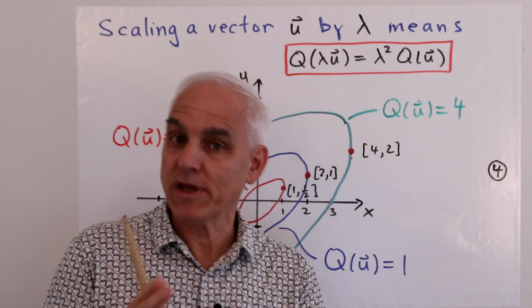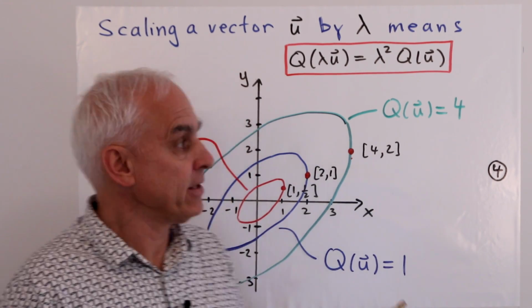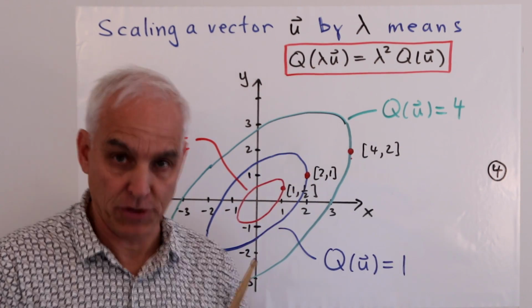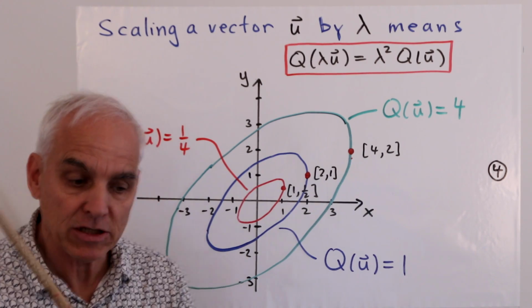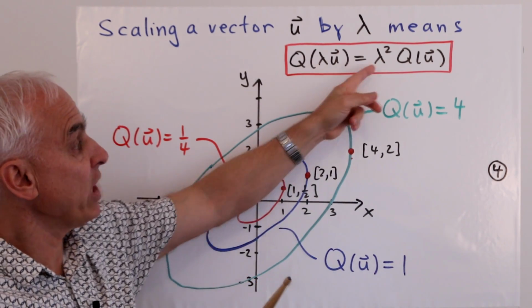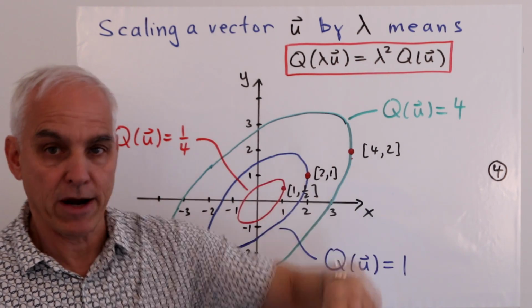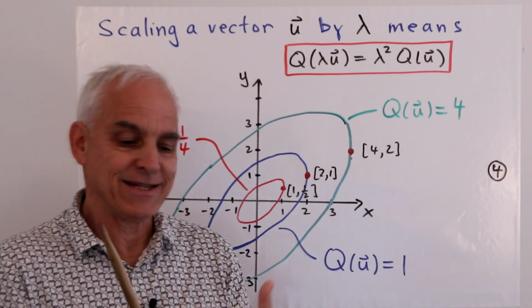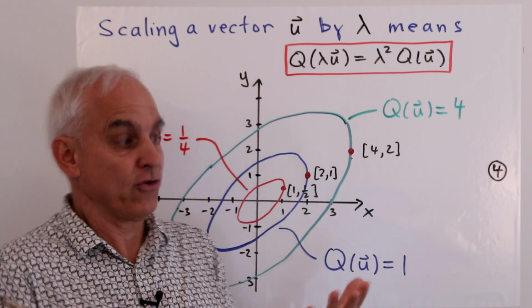The quadratic form is quadratic. And explicitly that means that if you take the quadrance of lambda times a vector u, you multiply u by a scalar lambda, then the quadrance changes by a factor of lambda squared. Lambda squared times Q of U. So it's essentially quadratic. That's why it's called a quadratic form.